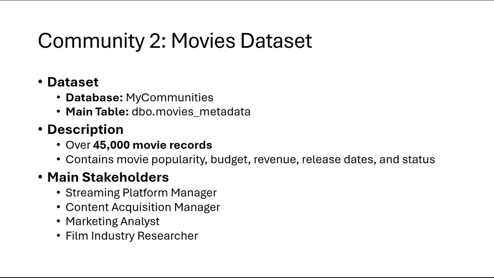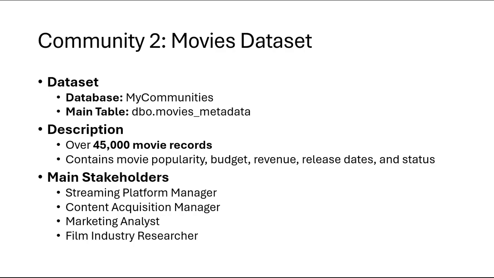The main table, movies metadata, contains information such as movie title, popularity scores, budget, revenue, release dates, and production status. The stakeholders for this data include streaming platform management, content acquisition management, marketing analysis, and film industry research.